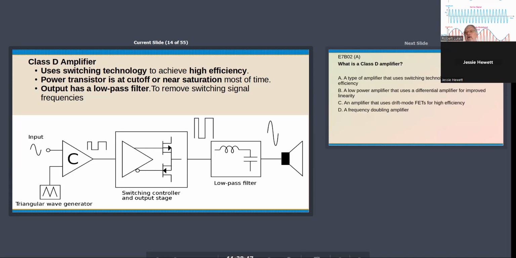So in the comparator, where that equals the input signal at that point in time will determine how wide that pulse is. And all you do is filter them after you've gone through some switches so that you can operate at higher voltages and currents. And then you just filter it back out. You normally see these in audio amplifiers because you can't do this kind of circuit at real high frequencies.